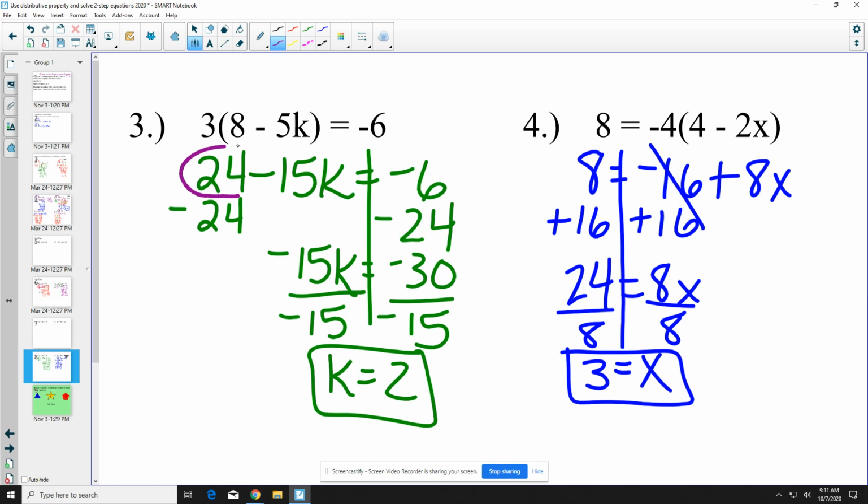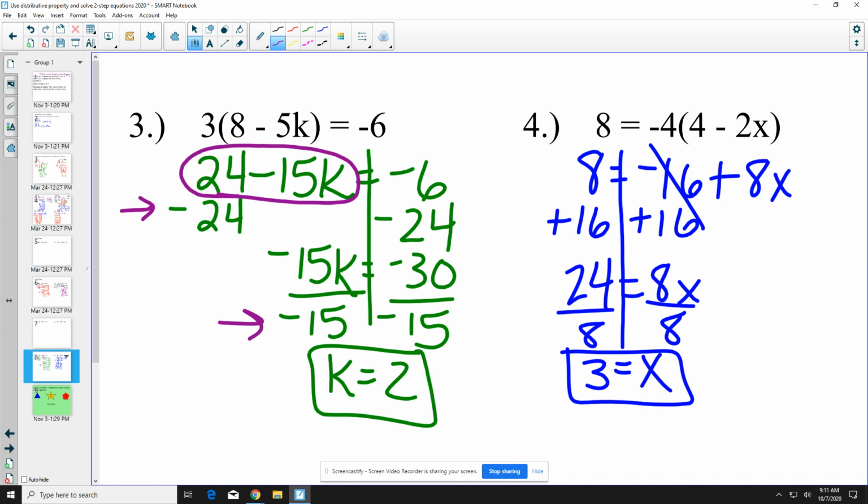When you use the distributive property, did you have a 24 minus 15k? Was your first step after that to subtract 24 from both sides? And then you had a -15k, so did you divide by -15? -30 divided by -15 would give you 2.